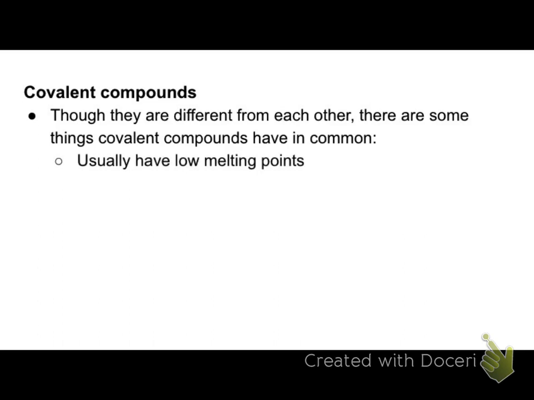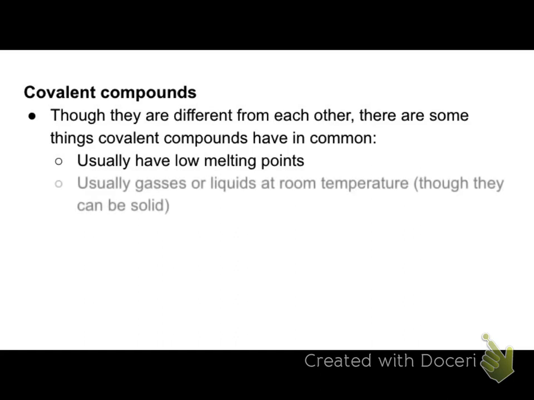They usually have a relatively low melting point. Sugar is a covalent compound, and you can melt sugar on your stovetop. Because they have low melting points, they are usually gases or liquids at room temperature. Some of them are solids, but most of them are liquids and gases.